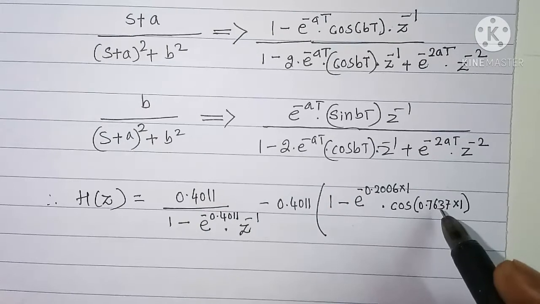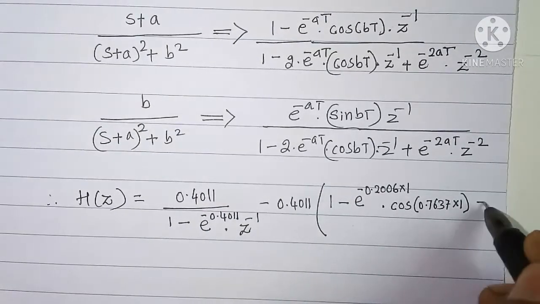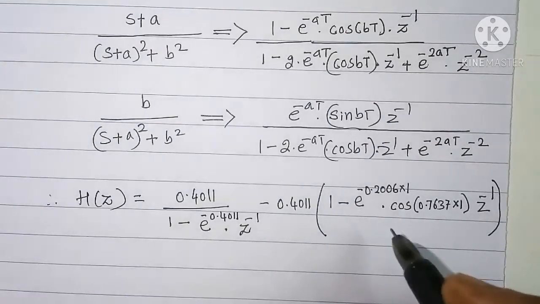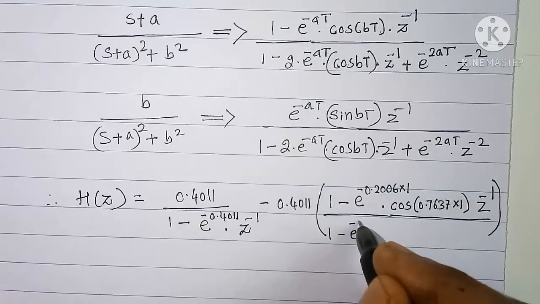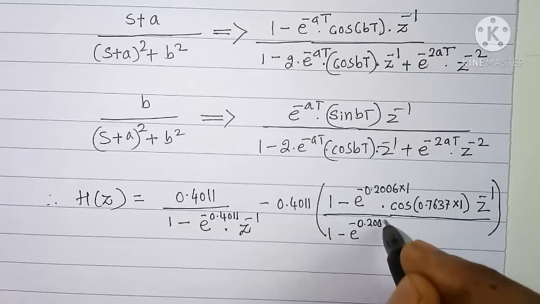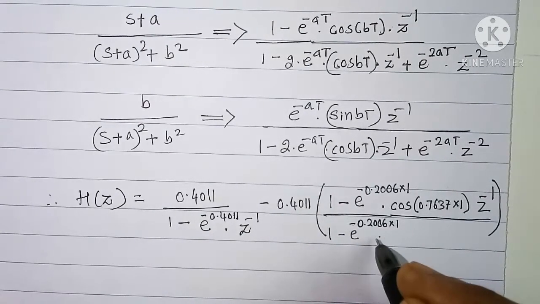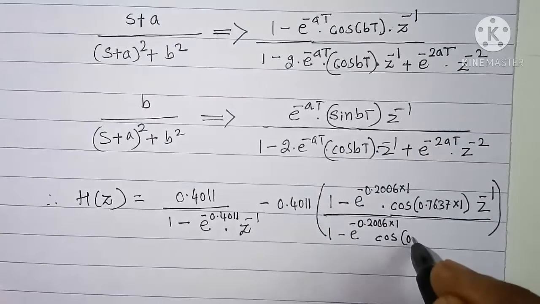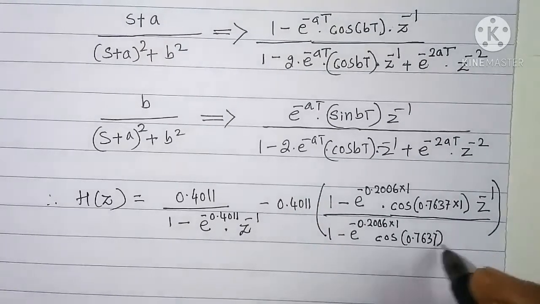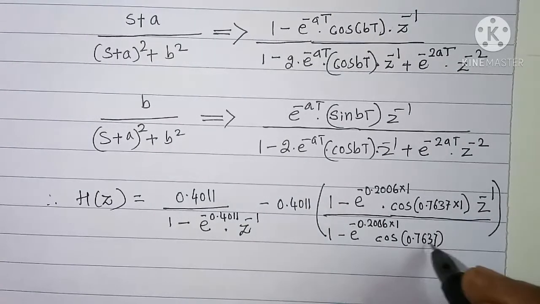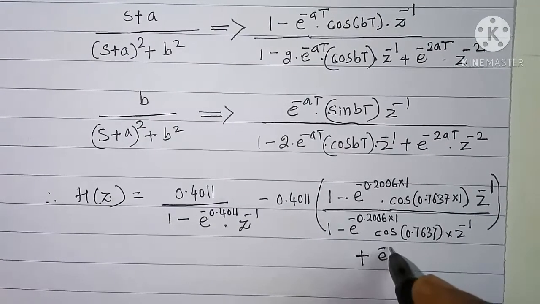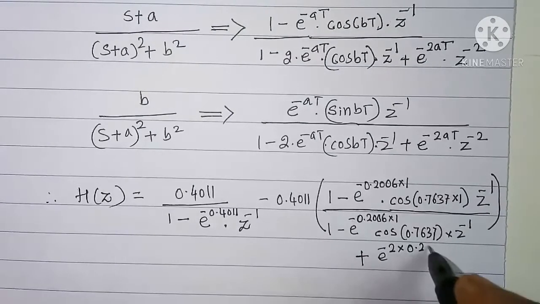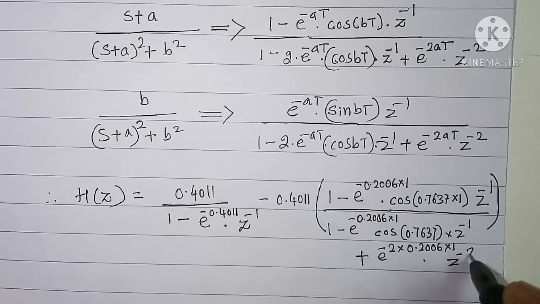This angle we have to convert into degrees into z raised to minus 1 divided by 1 minus e raised to minus 0.2006 into 1 into cos of 0.7637 into 1, that will be 0.7637 only, into z raised to minus 1 plus e raised to minus 2 into 0.2006 into 1 into z raised to minus 2.